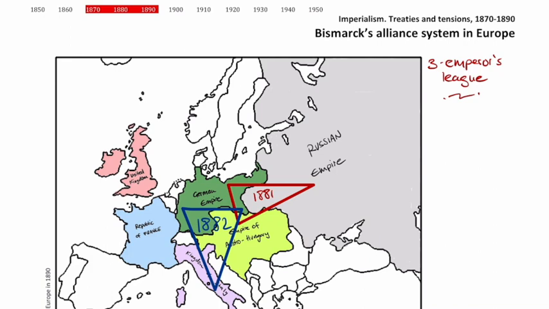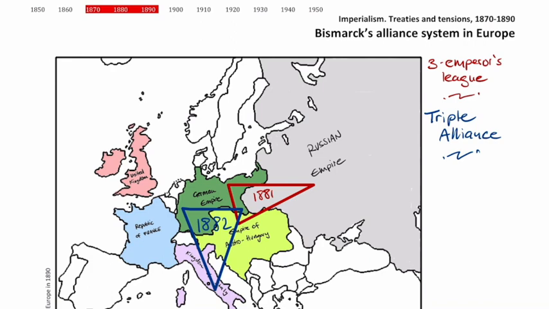So what about a Russian attack on Italy, for example? How would the Germans and the Austro-Hungarians react in that case? So that was the Triple Alliance, because there were three nations involved.